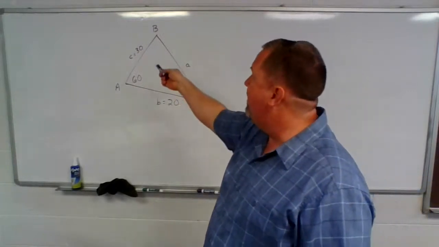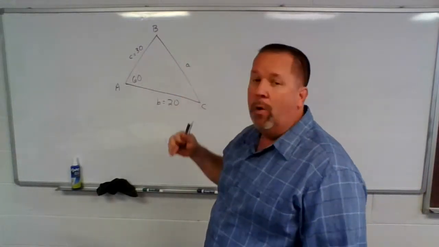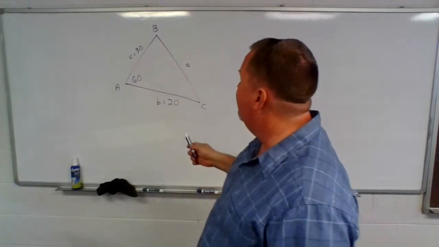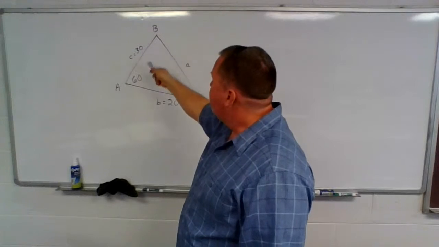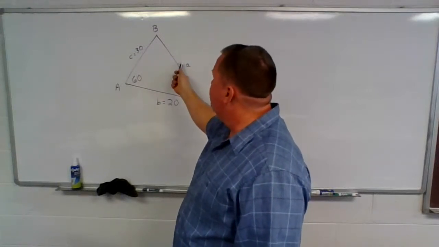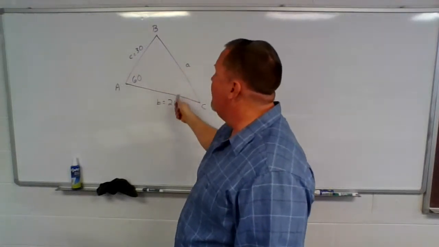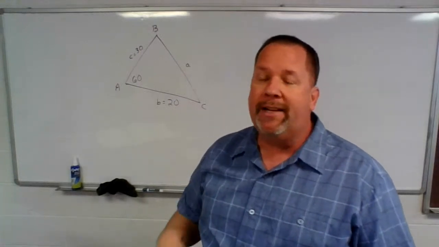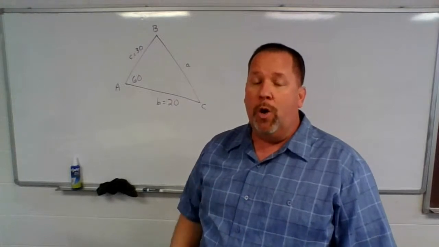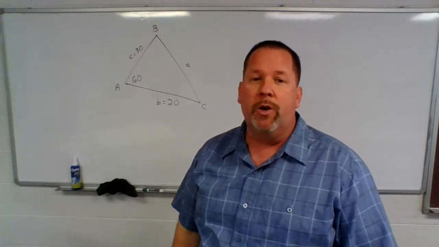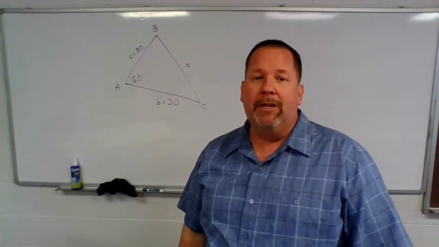And when we get this stuff given to us, we don't have any of those pairings. I have this side, but not its opposite angle. I have this angle, but not its opposite side. I have this side, but not its opposite angle. And so any equation I try to set up is going to give me two unknowns. And when I have one equation and two unknowns in algebra, I'm in trouble.